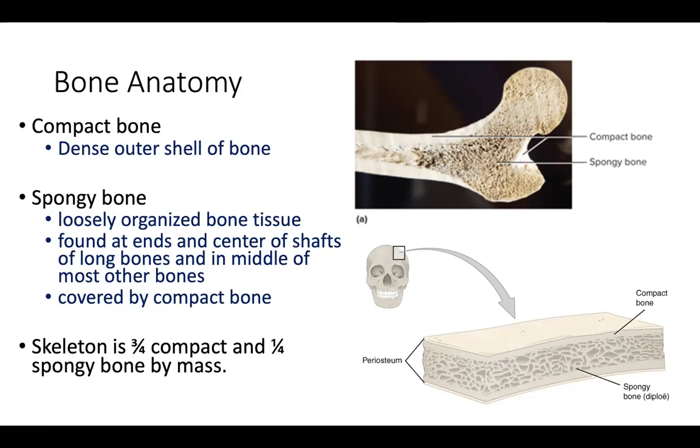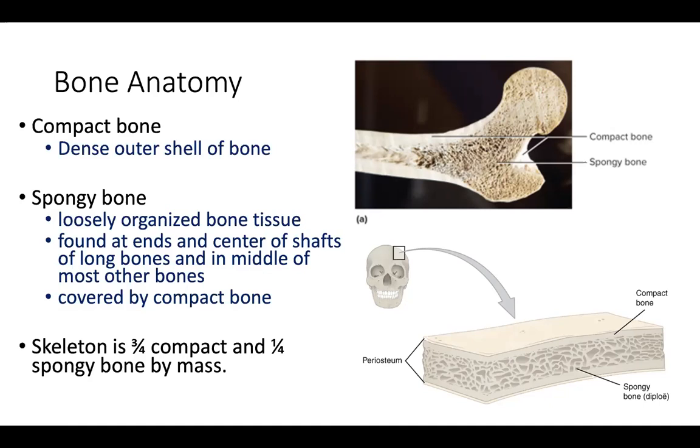In long bones, the spongy bone is typically at the ends. So this is an image of the upper part of the femur, your thigh bone. The spongy bone here is at the end of the bone, where the compact bone runs along the long portion of the bone. By mass, the skeleton is about 3/4 compact bone, 1/4 spongy bone, just for reference.